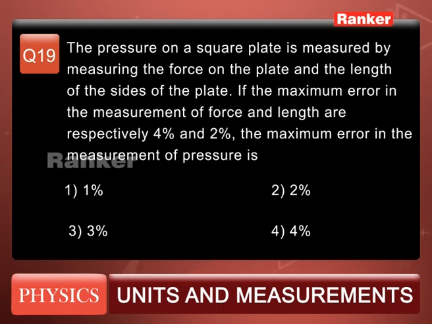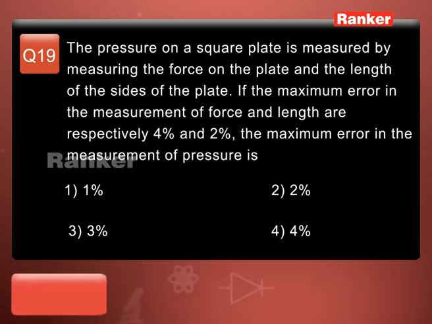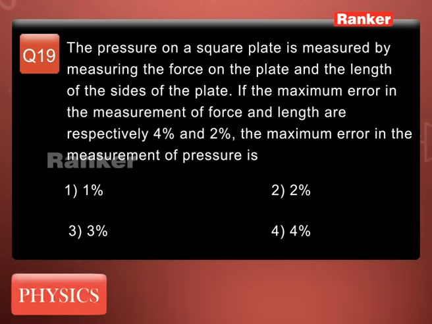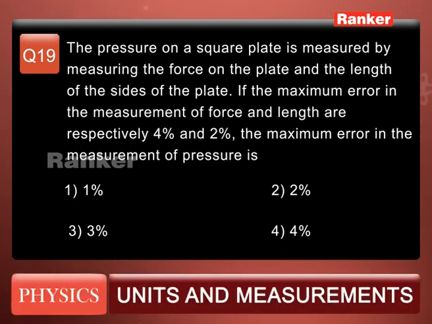If the maximum errors in the measurement of force and length are respectively 4% and 2%, the maximum error in the measurement of pressure is: first option 1%, second option 2%, third option 3%, and fourth option 4%. See the question here.